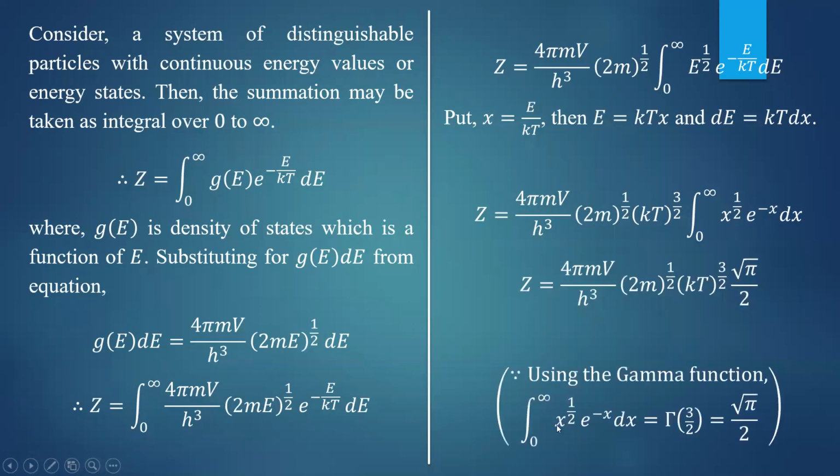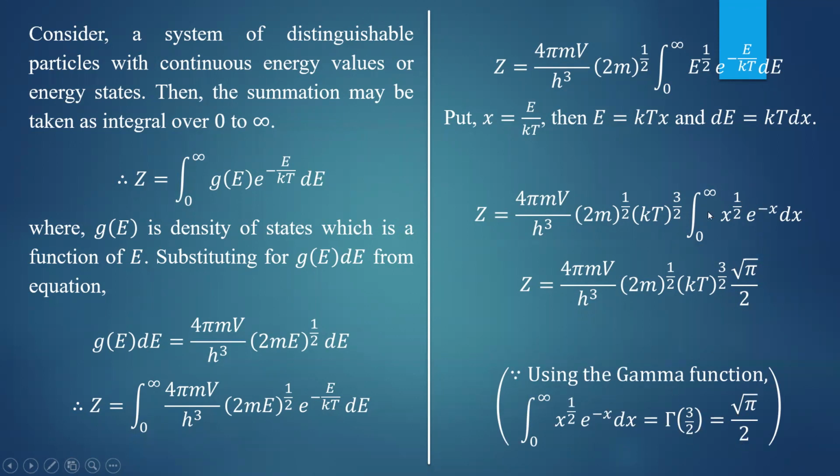It is of the form integration running from 0 to infinity x to the power half into e to the power minus x, called gamma of 3 by 2. You know that gamma half, gamma 3 by 2, such equations are there. So it is gamma 3 by 2. The value of gamma 3 by 2 is square root of pi by 2.